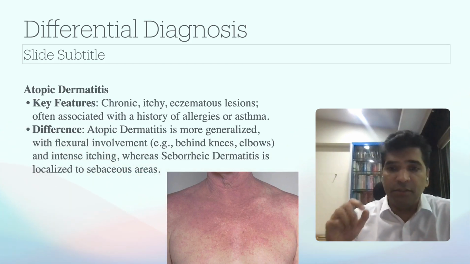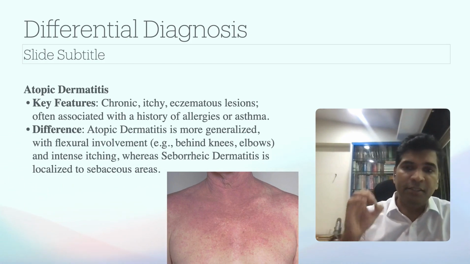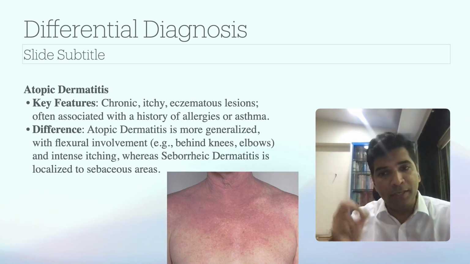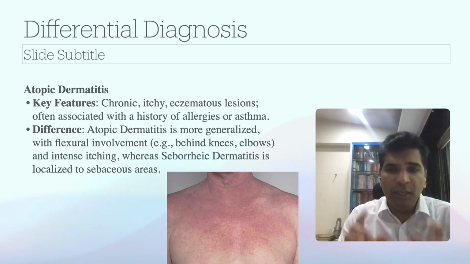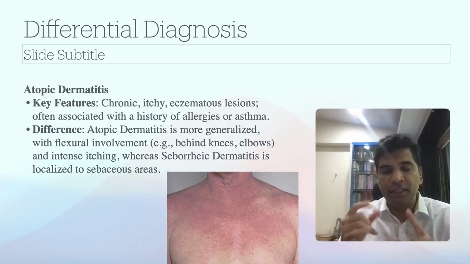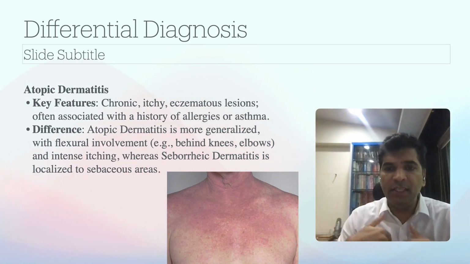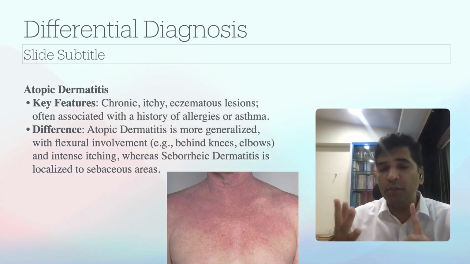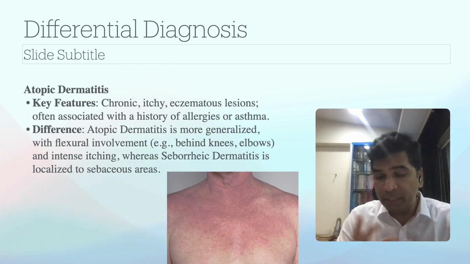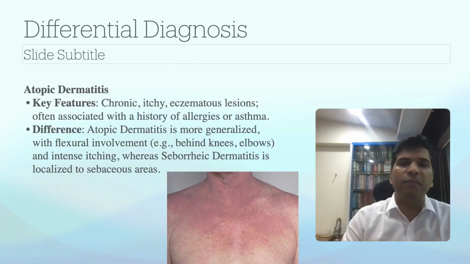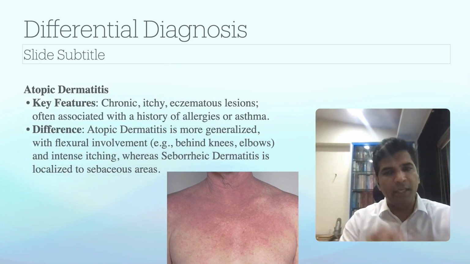All the joint flexures are the place where you get atopic dermatitis. There is usually a clear-cut indication. It can be milk, gluten, jewelry, a new soap or new cloth material. Something is a trigger factor which leads to atopic dermatitis.